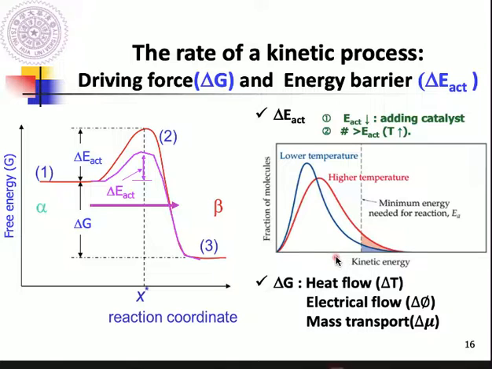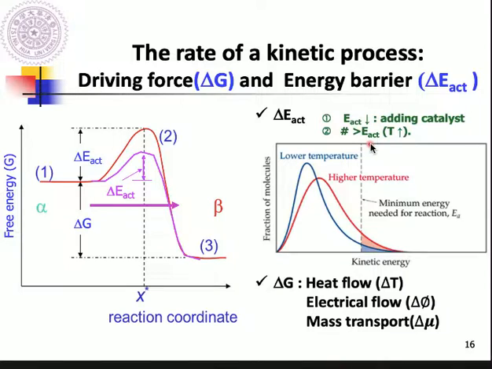So if we don't want to change the activation energy or energy barrier of our chemical reaction, by increasing the temperature, we can observe that the number of atoms which can overcome the energy barrier is larger than at the lower temperature. So you just allow more atoms, more reactants, to possess higher energy to overcome the energy barrier.